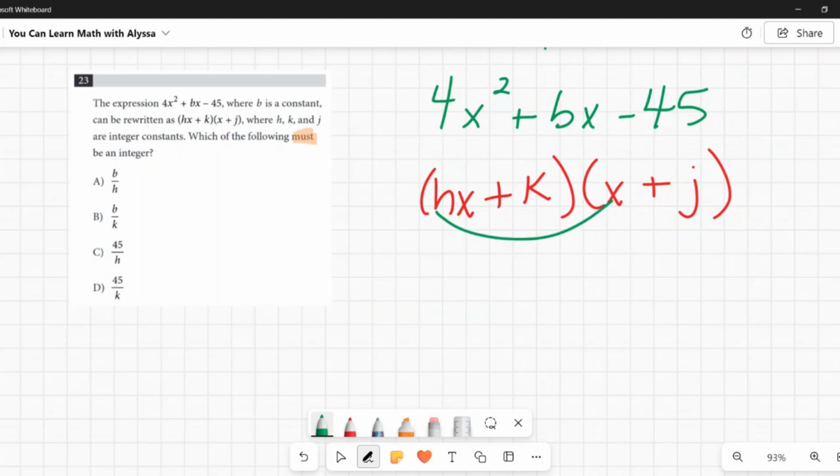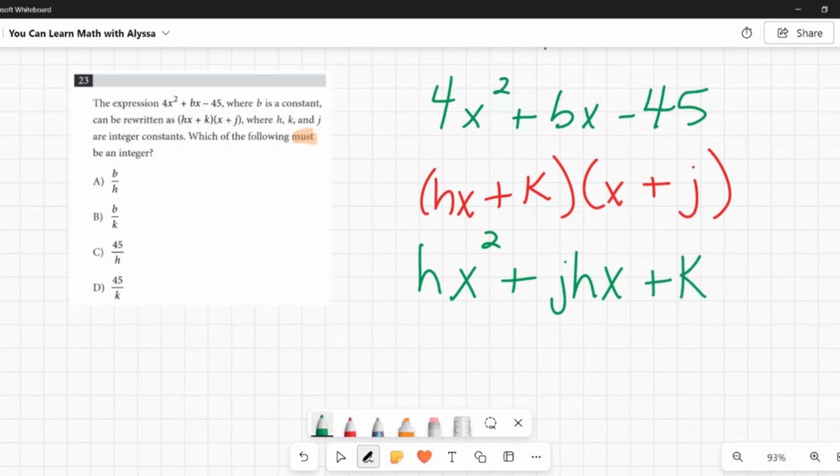Well, hx times x would be hx squared. Then I would have my outside, which would be hx times j. So j times hx. Then I would have inside k times x. And then finally I would have k times j.